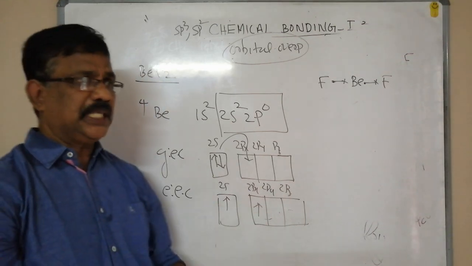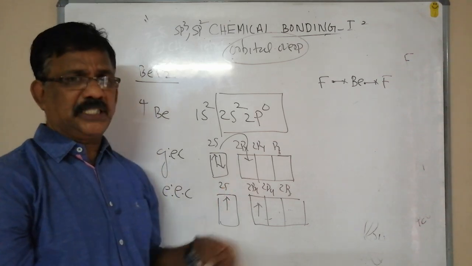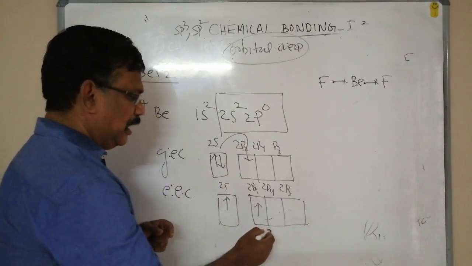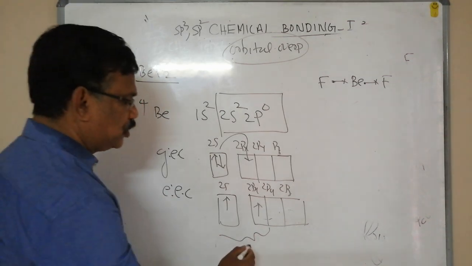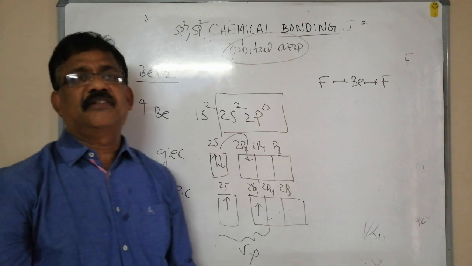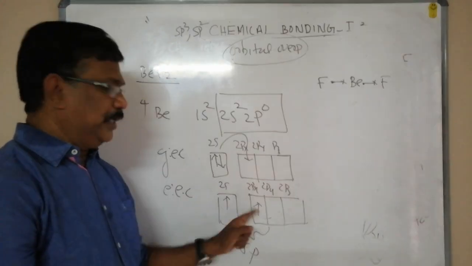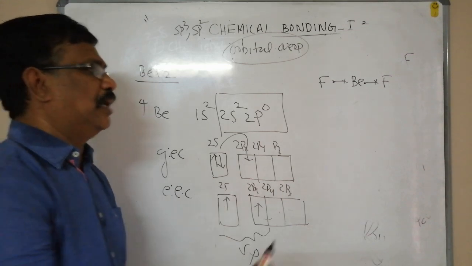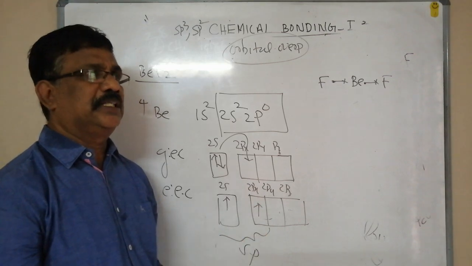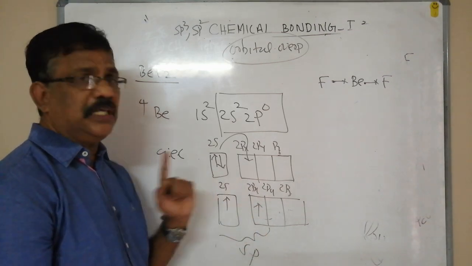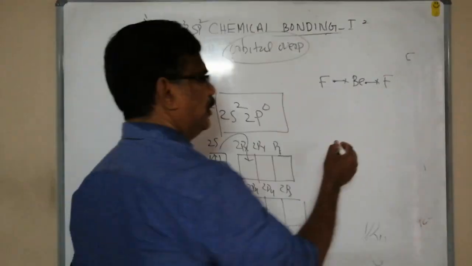So two half-filled orbitals, two unpaired electrons, so two combining capacity, valency 2, and these orbitals intermix. This hybridization is called sp hybridization. Two new orbitals are formed, 50% s character and 50% p character, dumbbell 50%, spherical 50%, the hybrid orbitals of beryllium.